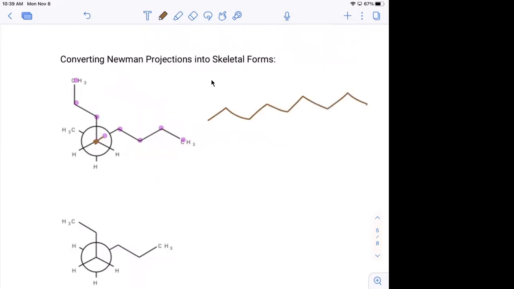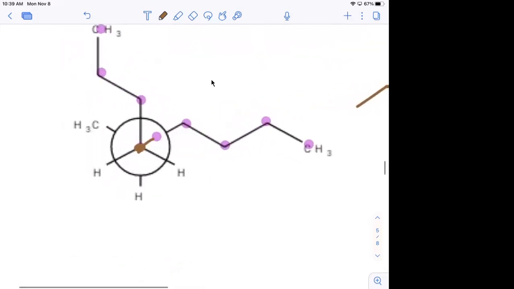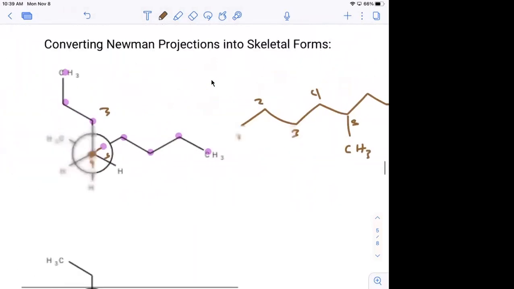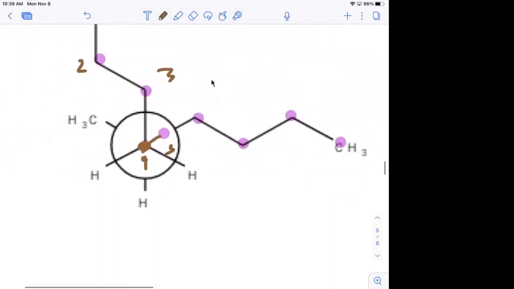So that's 8 strokes. And then if I start numbering from here, 1, 2, 3, 4, 5, I'll see that on carbon 5 there's a methyl group, because you can see in the Newman projection there's a CH3 attached to that carbon that's depicted as the back carbon.